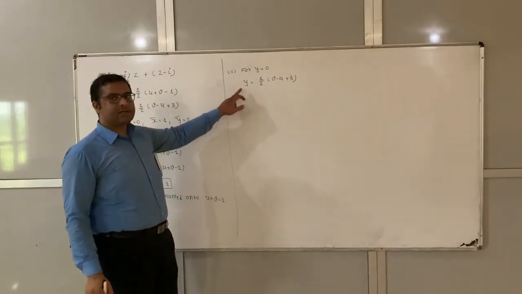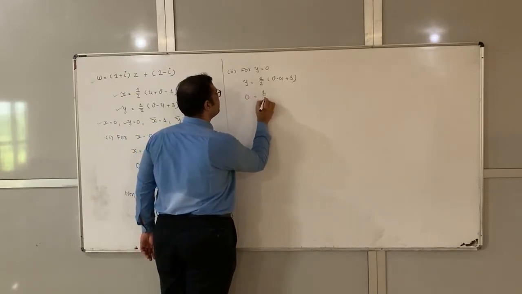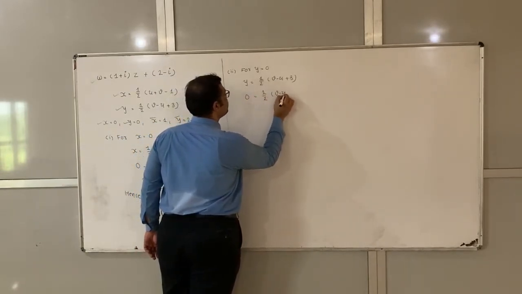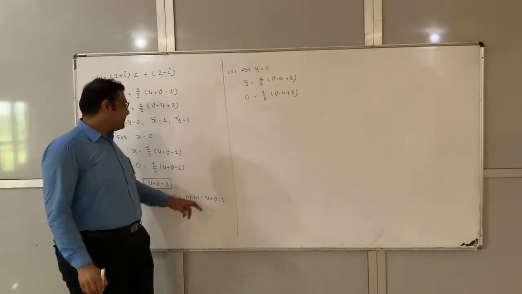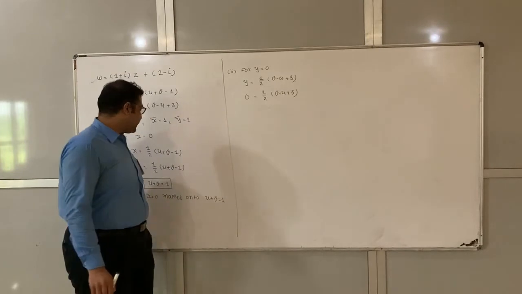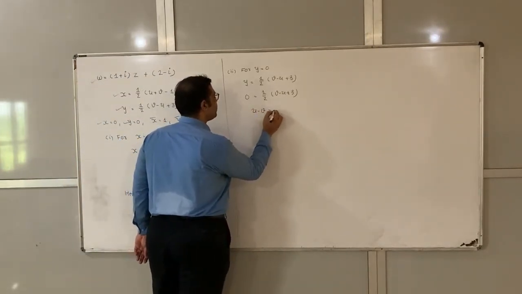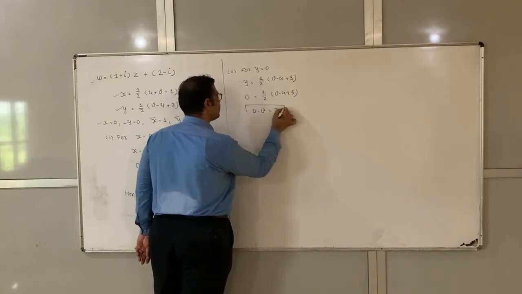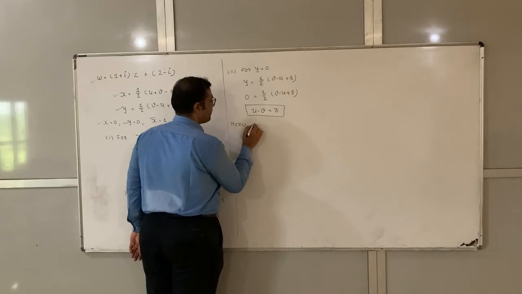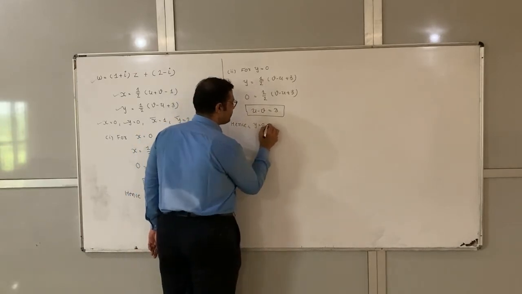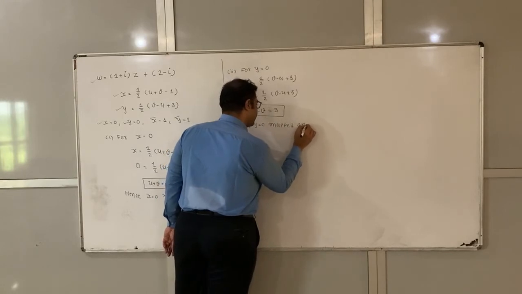Now y is equal to 0, so 0 is equal to 1 upon 2 times v minus u plus 3. On simplifying this, you will get the answer u minus v is equal to 3. Hence y is equal to 0 is mapped onto u minus v is equal to 3.